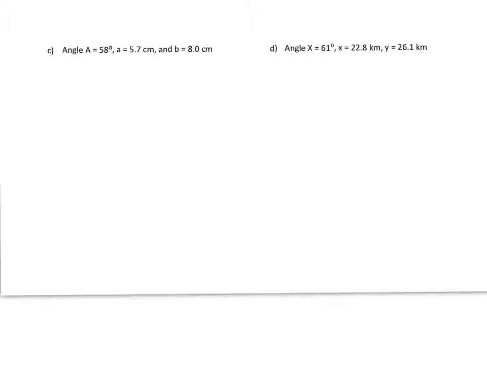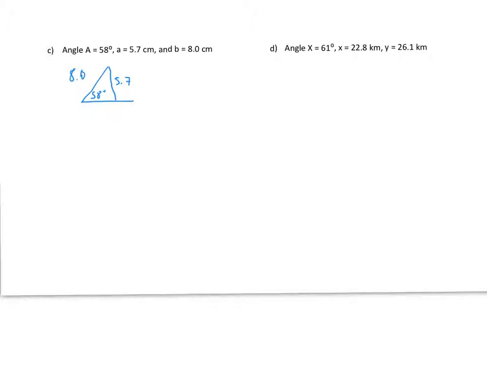I've got angle A in the corner here, that's 58 degrees. Side A is 5.7, and side B is 8. So my side A is smaller than the other side.